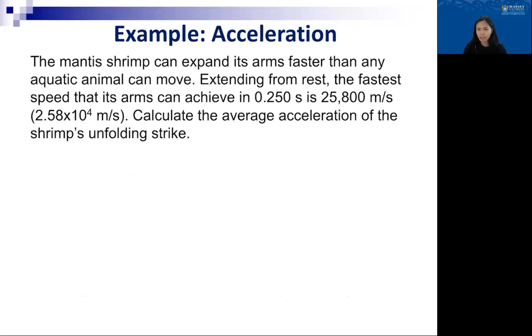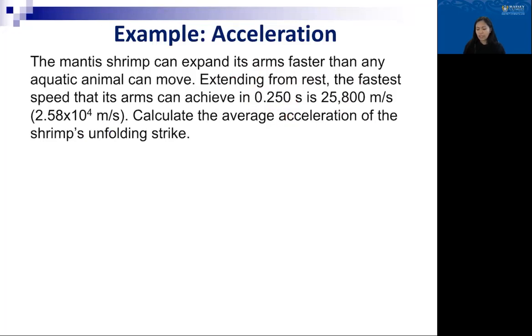All right, so now I think we can look at the example and try to determine the acceleration given some quantities. So here the mantis shrimp can expand its arms faster than any aquatic animal can do. It can extend its arms from rest, and the fastest speed that it can achieve is 25,800 meters per second over the interval of 0.250 seconds.